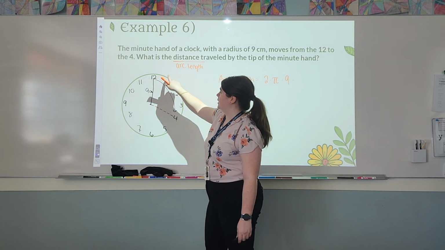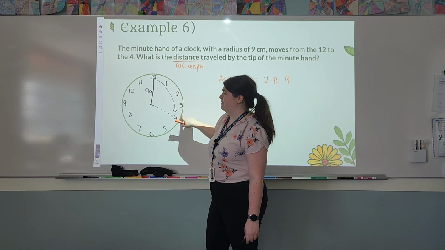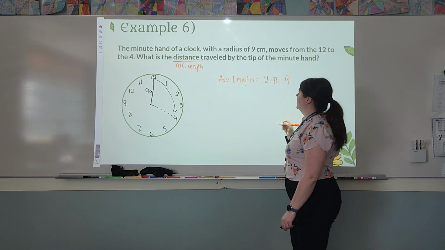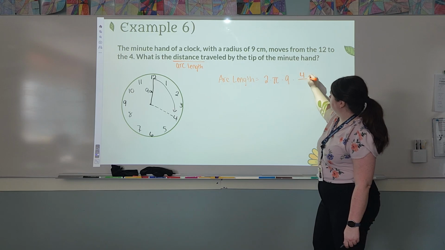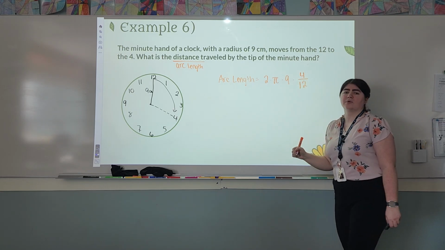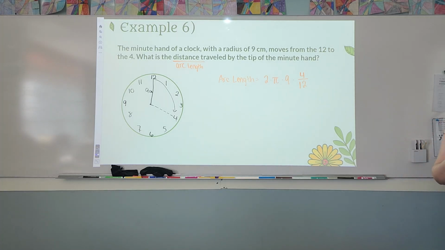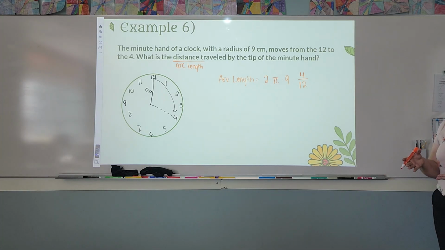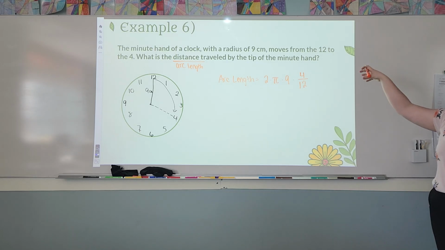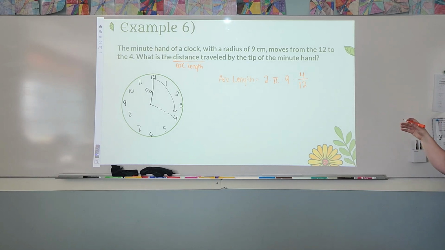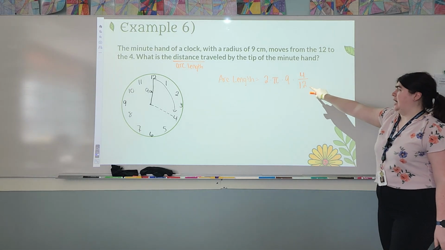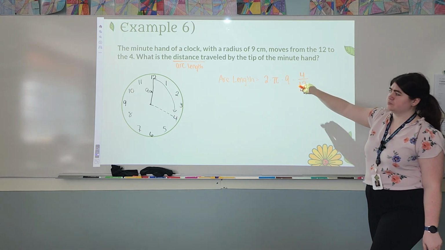So we went 1, 2, 3, 4 spaces out of how many? 12. It doesn't really matter what the fraction is on the end as long as it is correctly giving the amount traveled out of the whole. So in this case, we are counting by hours, not degrees.